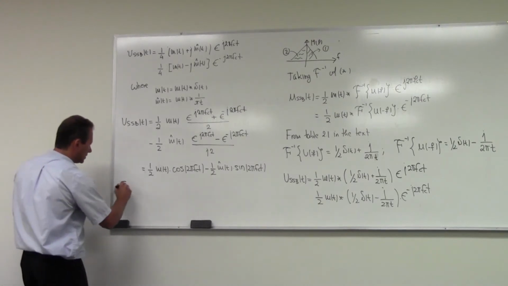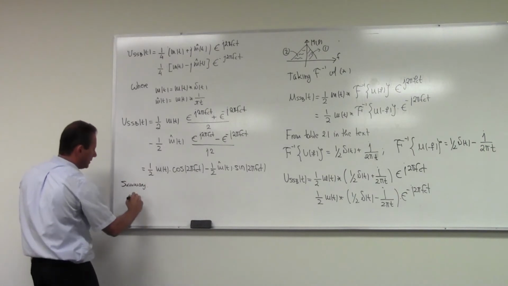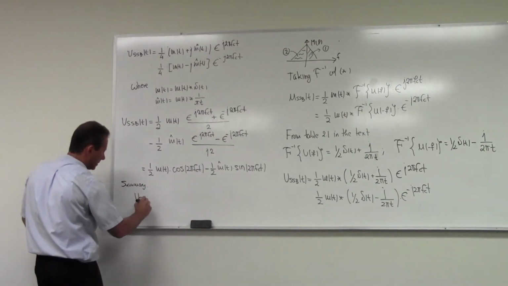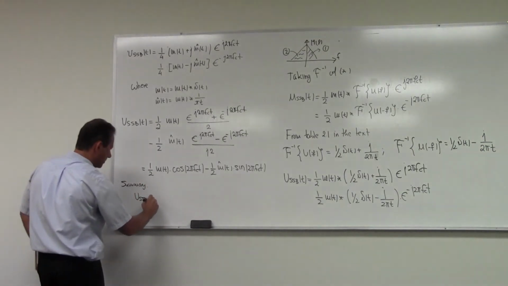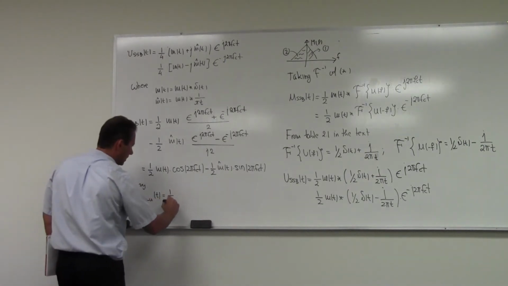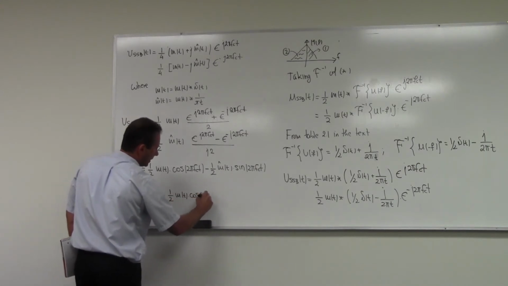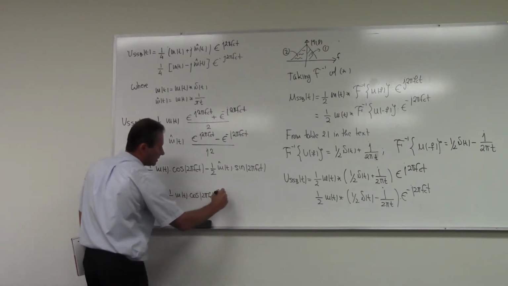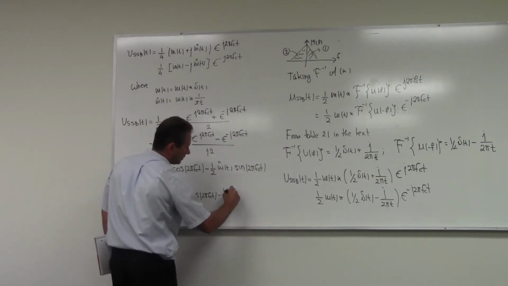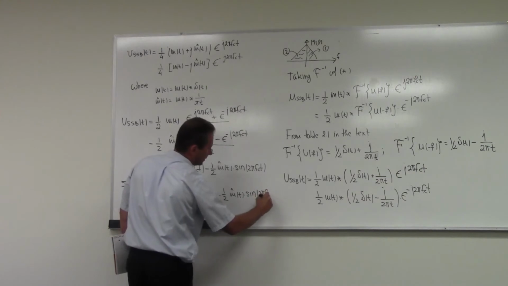So let me just get this as a summary here. If I want to use single sideband and keep the upper part, this is going to be equal to 1/2 m of t times cosine 2 pi fct minus 1/2 m hat of t times sine of 2 pi fct.